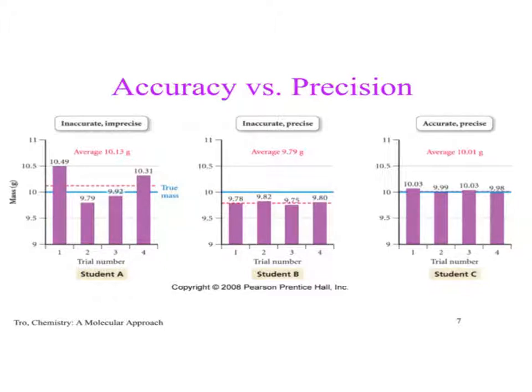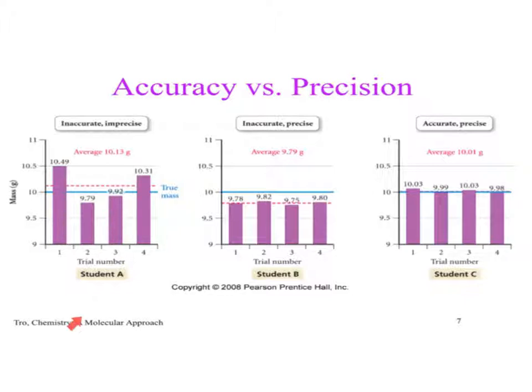It's a little hard to read, so what you need to take a look at is here. See that blue line? That's the real value that you were supposed to get. And then the average of all of the data is this pink line, and it's given to you up here. Anyways, we've got 3 different students here: student A, student B, and student C.